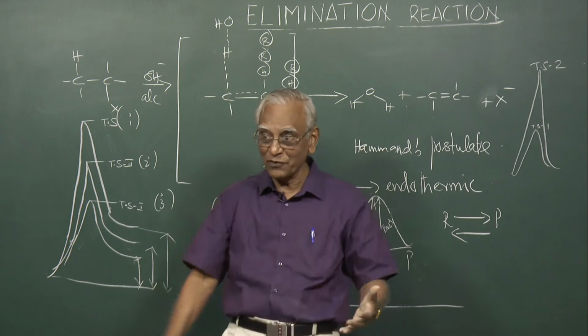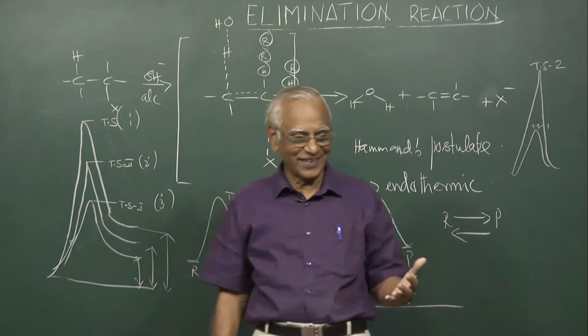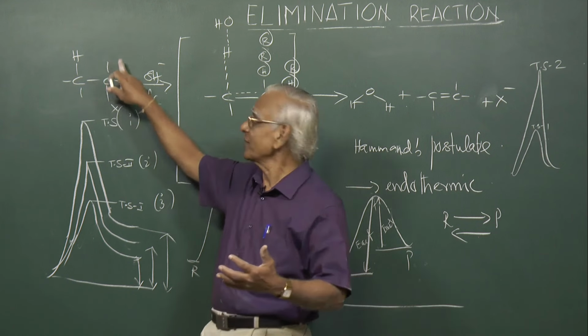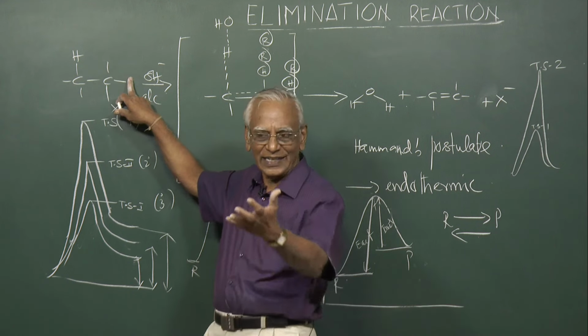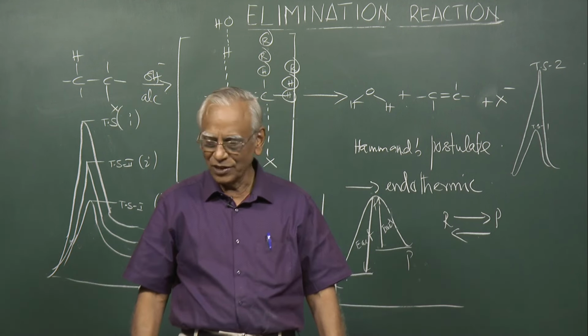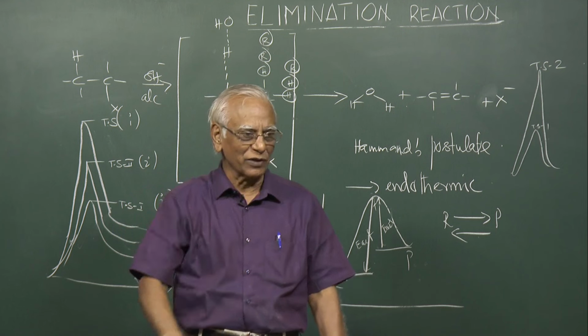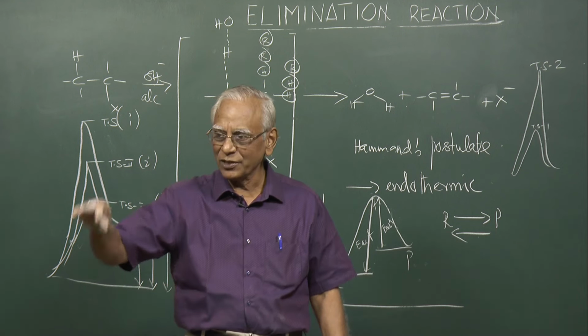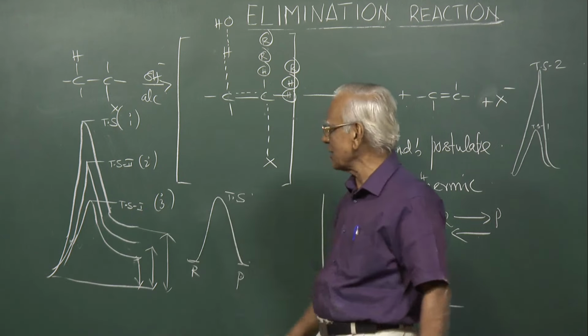I have framed a beautiful multiple choice question. So you should have an alkyl group here, here, here, and here, and that is the tetraalkylated alkene. So the stability of the product not only depends on the substituent on the alpha carbon atom, it also depends on the substituent on the beta carbon atom.